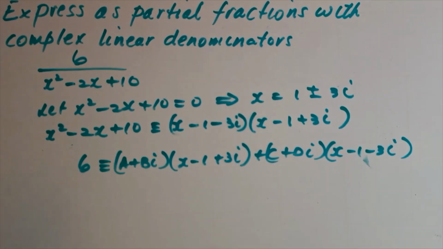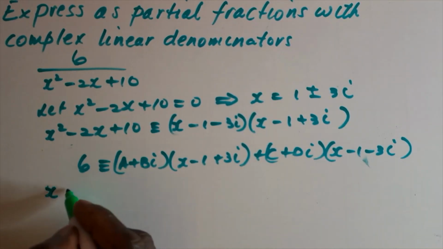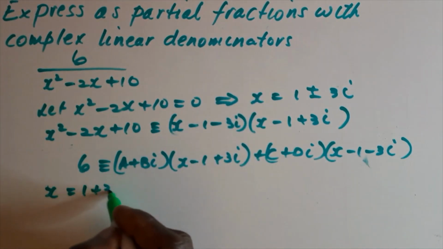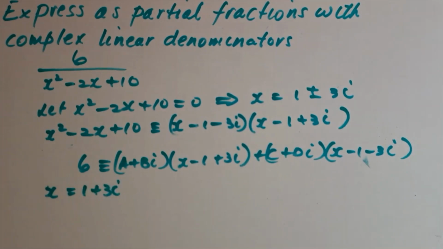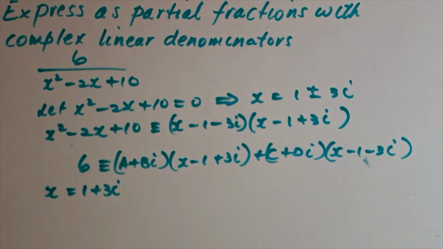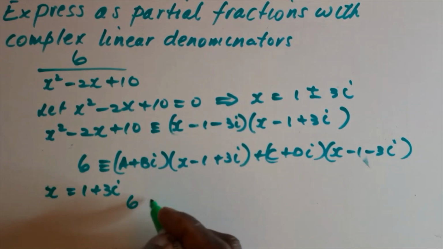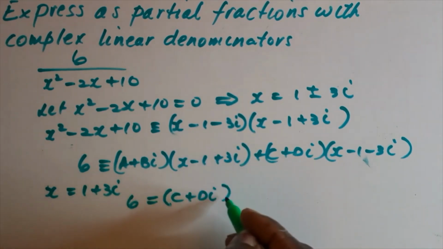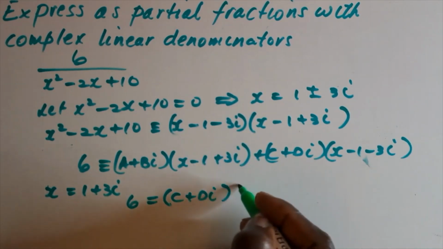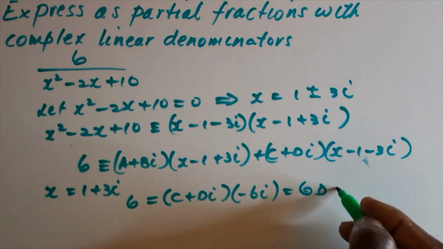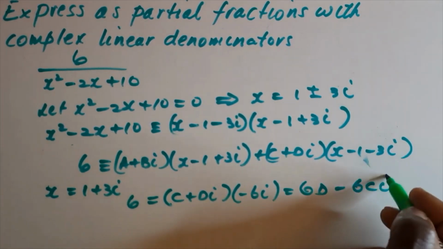Now when x is equal to one of our solutions, 1 add 3i, we'll choose, if we substitute here for x and also here, we eliminate a add bi, and we're left with 6 being equal to c add di, brackets, minus 6i, giving us 6d, the real part, minus 6ci.